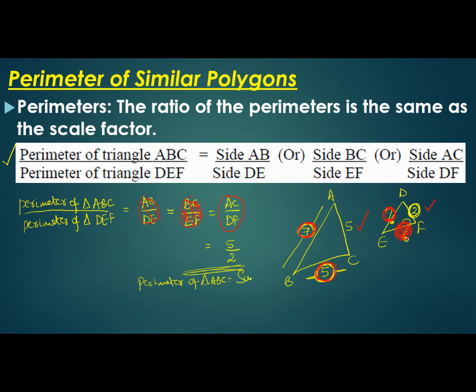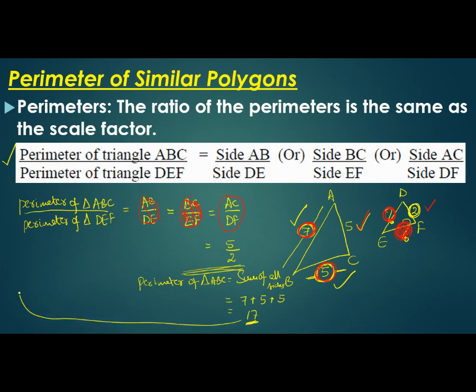That is the sum of all the sides. I don't have enough space. Well, that is 7 units plus 5 units plus the other one, 5 units. So 7 plus 5 plus 5 gives me 17 units.